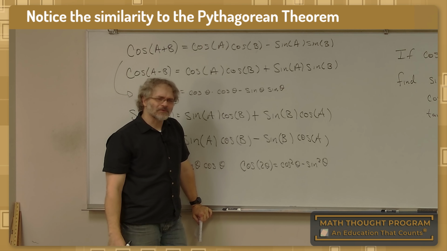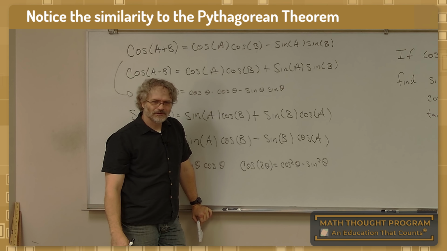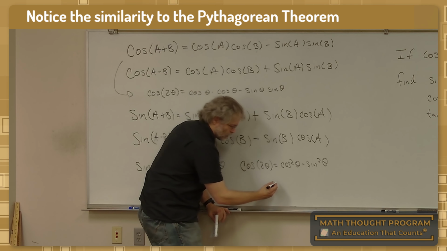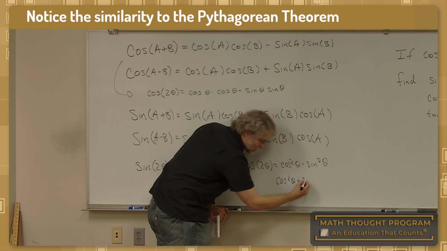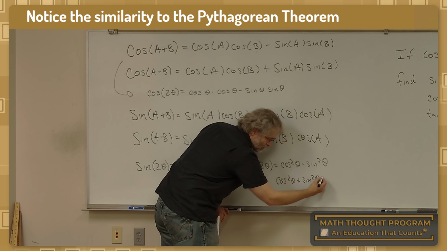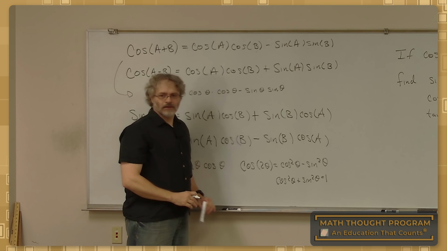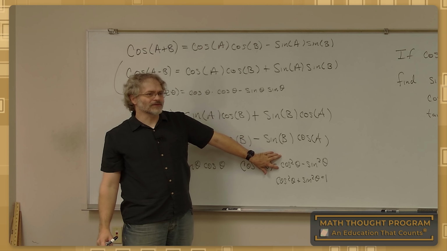What was that Pythagorean theorem in terms of trig functions? What was that again? Cosine squared theta plus sine squared theta equals 1. So it's close, but it's not quite there, is it?